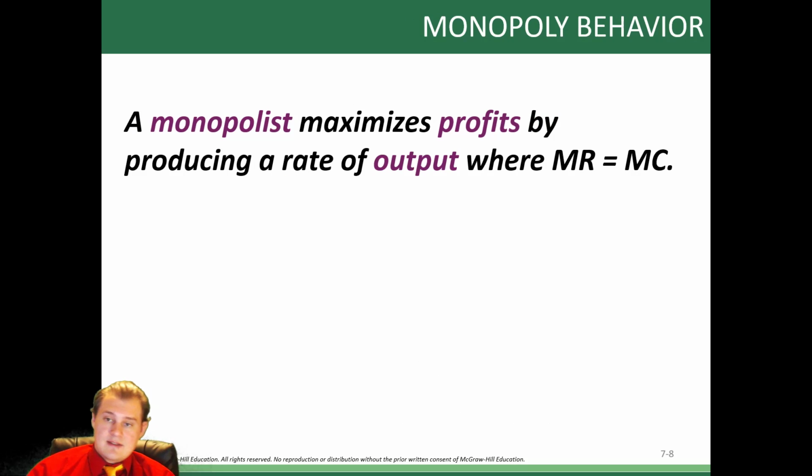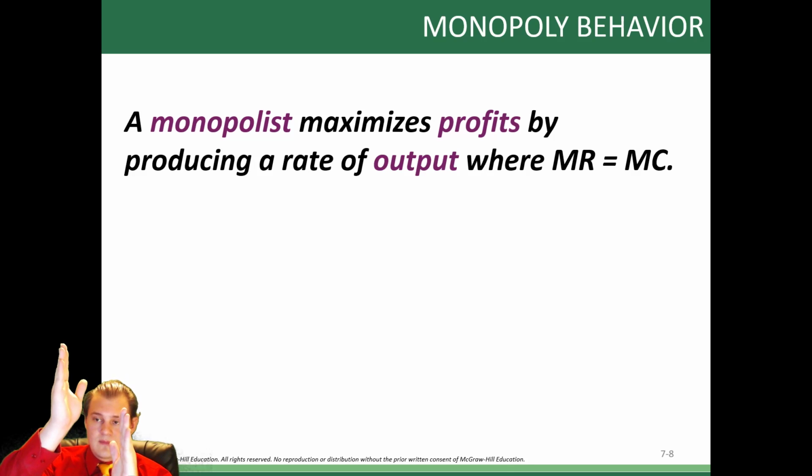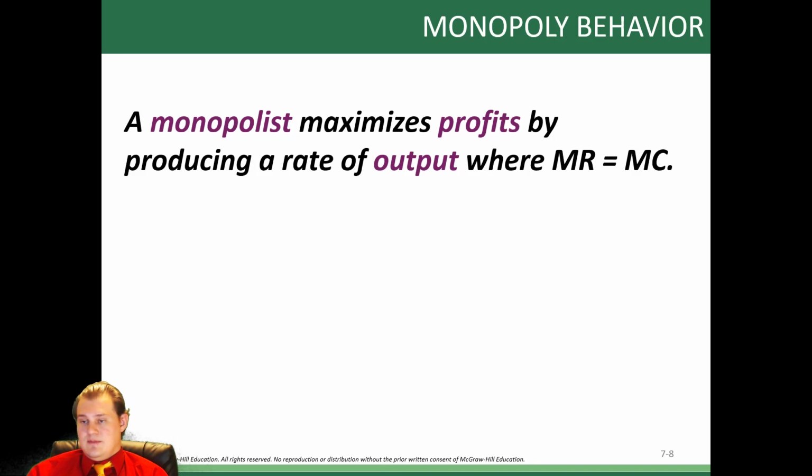A monopolist maximizes profits by producing at a rate of output where MR equals MC. This is the holy grail of it. We just want to know, when we take that extra step, is that additional cost more than, equal to, or less than MR? That lets us know whether we should be producing.